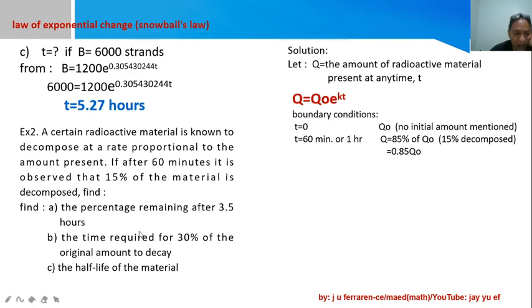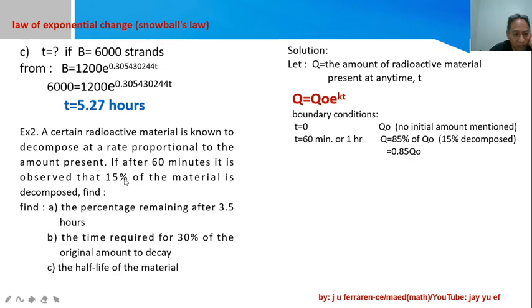There is no mention of the initial quantity, so I can just leave my formula expressed in terms of Q sub O, the initial amount. No initial amount is mentioned, which means I am free to express my formula in terms of Q sub O. Now, after 60 minutes or 1 hour, this is equal to 85% of the Q sub O, because our formula refers to the amount that is present.